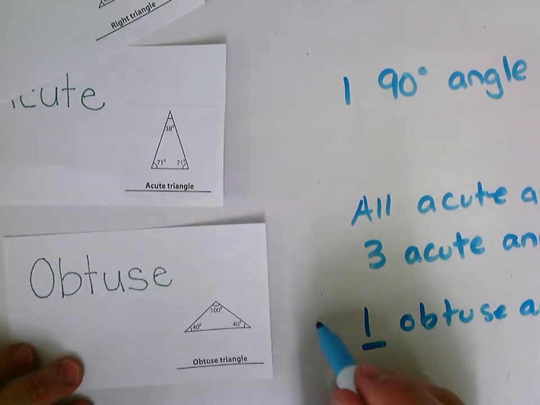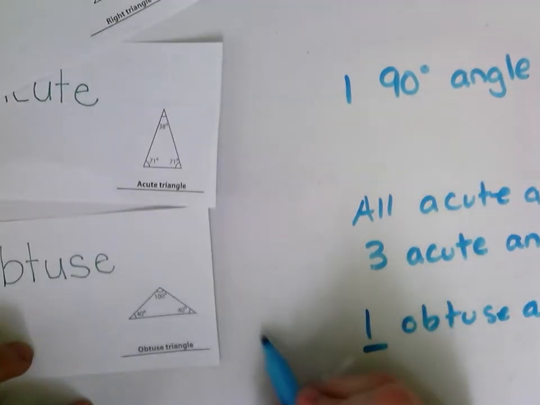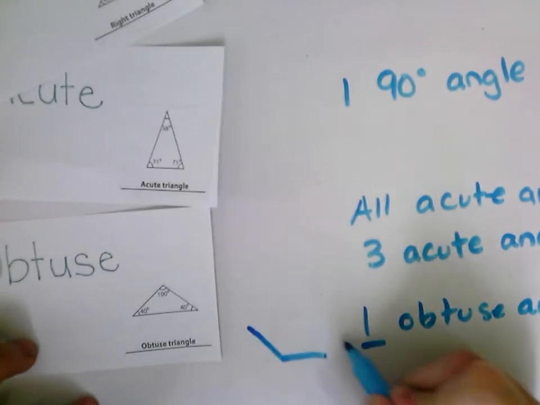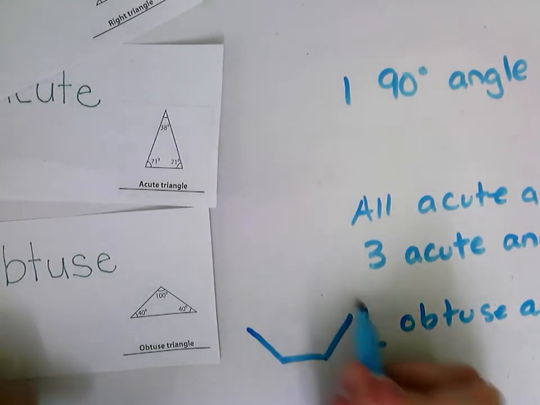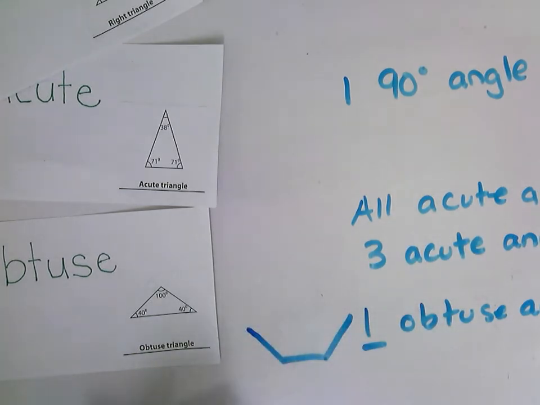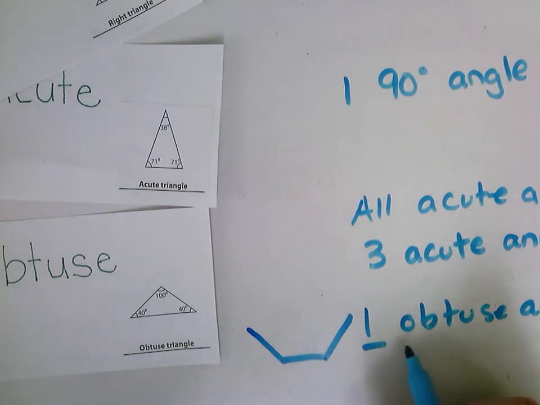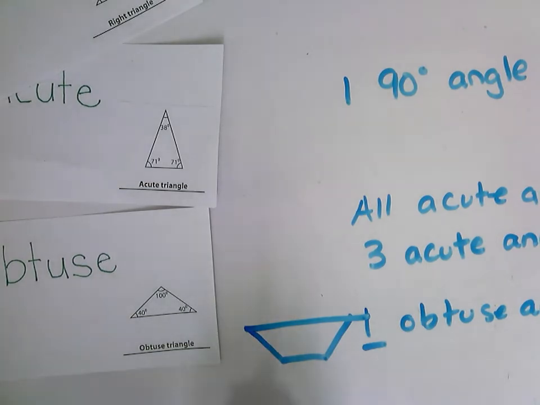If I tried to make a big angle here and another big angle, oops, that's terrible. Let's try that again. Here's an obtuse angle, and I tried to make another one that was obtuse. They'll never connect with each other. So I can't have a triangle with more than one obtuse angle. I could have a quadrilateral, but not a triangle.